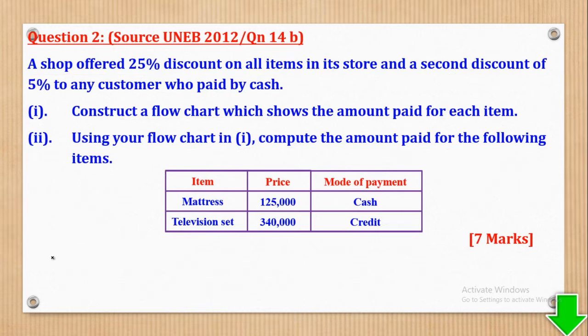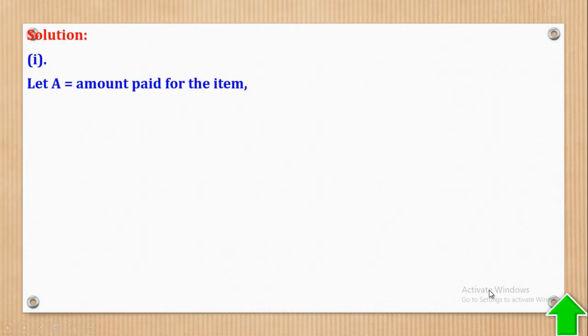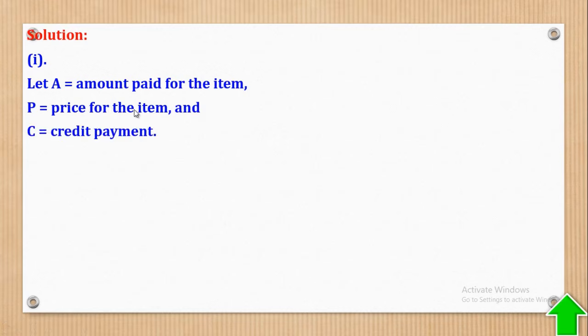So let's start with Roman 1 of drawing our flowchart. So yeah, we're going to first select some parameters. So let A denote amount paid for the item, and P denote the price for the item, then C denote the credit payment. So always the flowchart starts with a start statement, then followed by read.